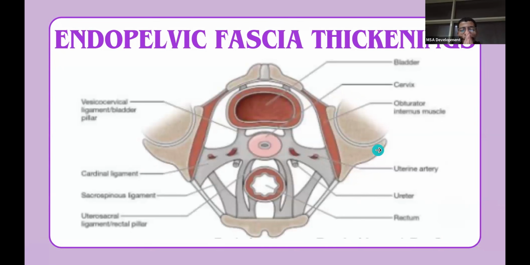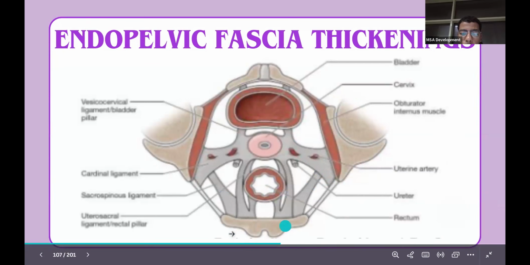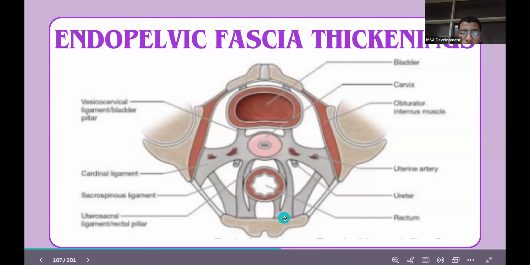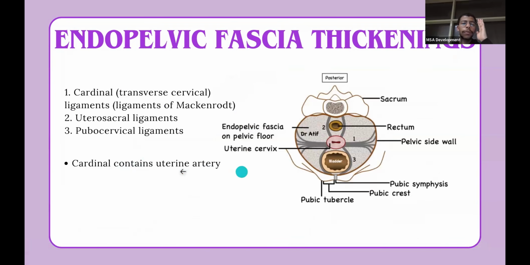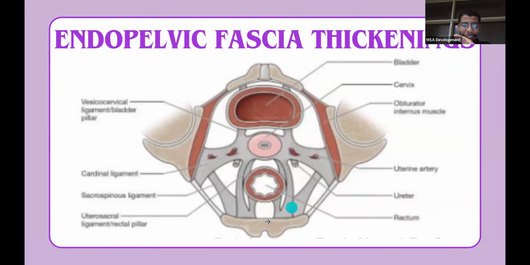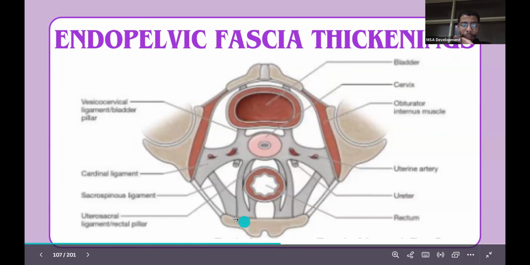Okay, sorry for the blurry picture, but this is also something I found in the slides, and I like this one more because it's a lot more realistic than that one. So from the pubis to the uterus, excuse me, uterosacral, this is the sacrum over here, at the back.